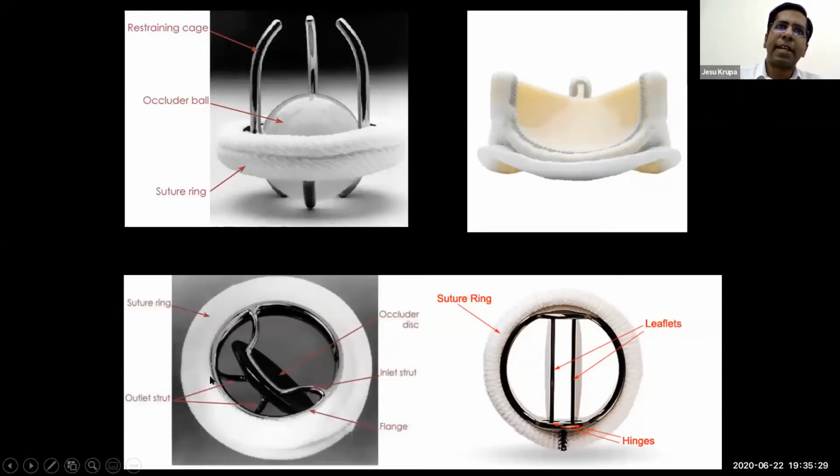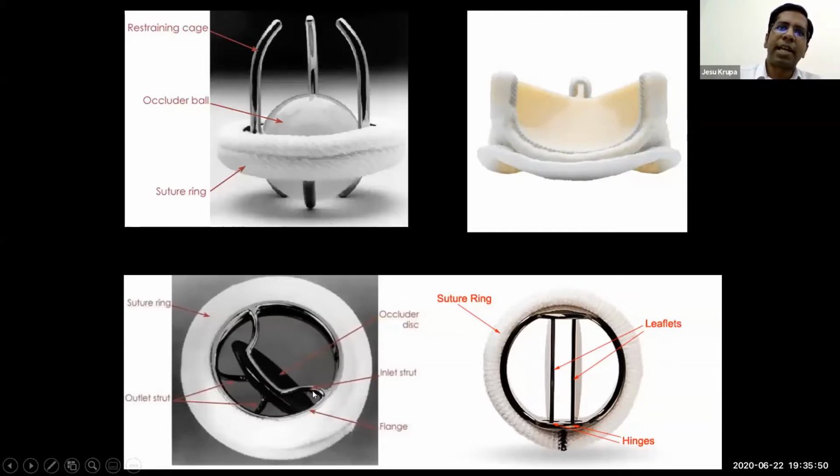This is a single leaflet tilting disc valve. Again, you have a suture ring or sewing ring, and then you have what are called struts. These wire-like structures which are seen firmly holding the disc are called struts.